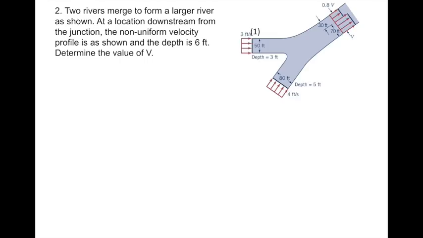This one, what do you think in terms of our control volume? We've got two rivers that are coming together, so I'm just going to represent the control volume as that river itself, and the edges of that control volume being the banks of the river with the upstream and downstream cross sections.